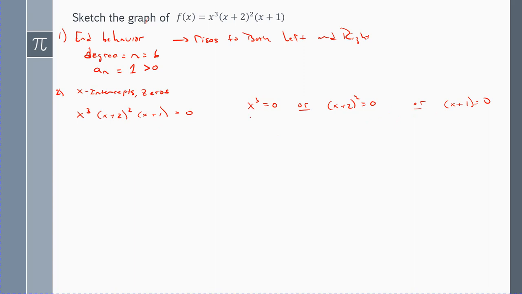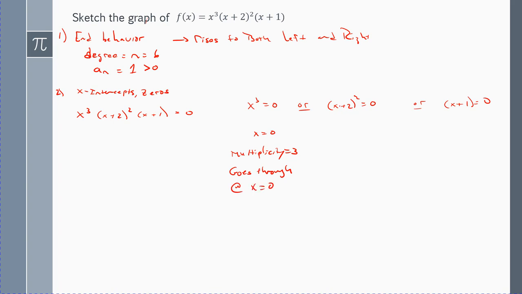The only way the first can happen is x equals 0, but the multiplicity, the exponent, was 3. So it's odd. What does that mean? The graph goes through at x equals 0.